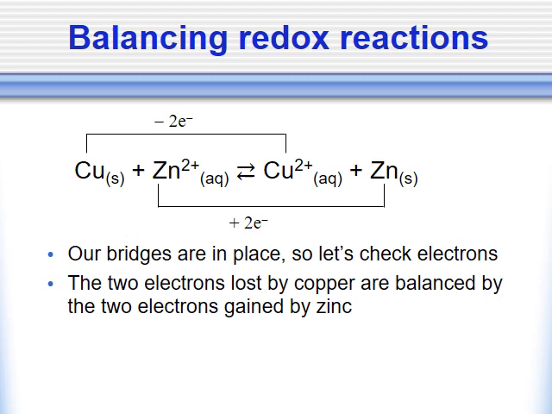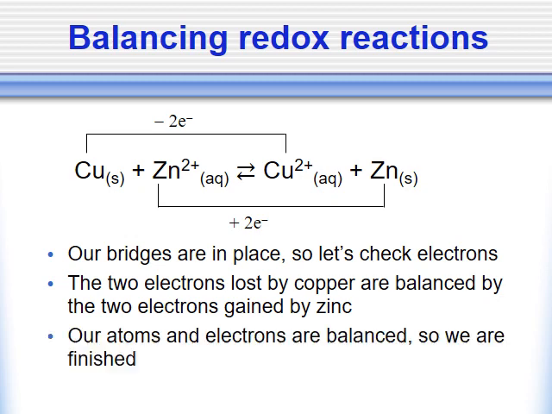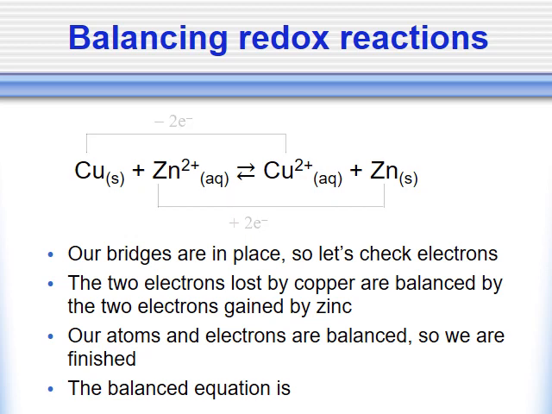Copper loses 2 electrons, zinc gains 2 electrons. They cancel. Our equation is balanced. We're done. This is a very simple example. So the balanced equation is just right as given.